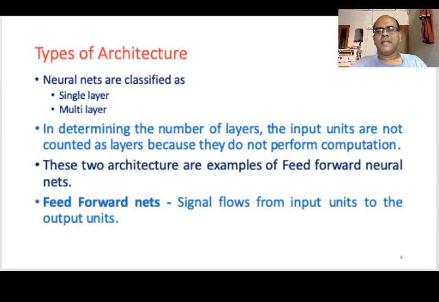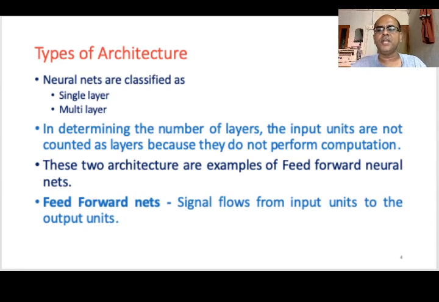These two kinds of architectures are termed feed-forward neural networks. When I call something a feed-forward neural network, it means the signal flows from the input unit to the output unit, in the forward direction.